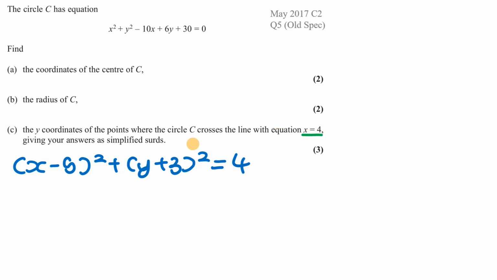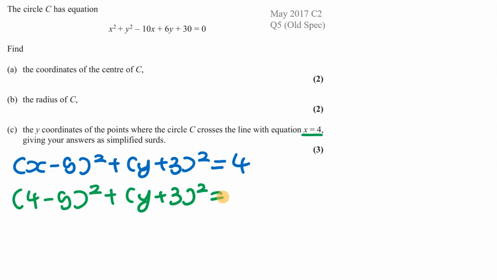So if we sub in x is equal to 4, it's going to be 4 minus 5 squared plus y plus 3 squared is equal to 4. 4 minus 5 is minus 1, and minus 1 squared is positive 1, so it's 1 plus y plus 3 squared is equal to 4.